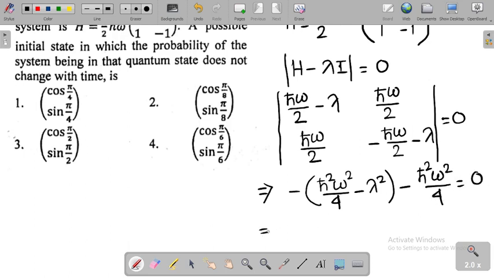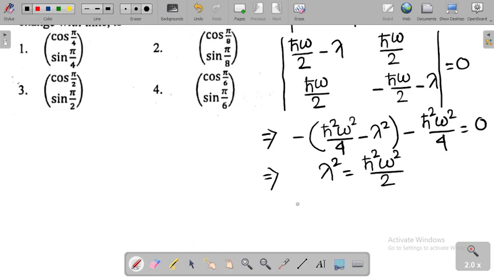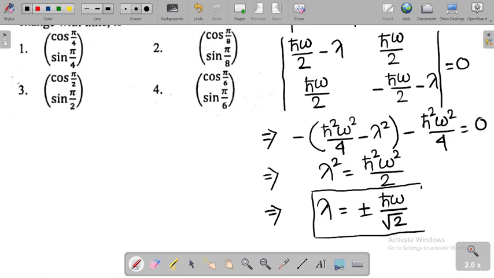So from here lambda square comes out to be h cut square omega square by 2. So your energy eigenvalue becomes lambda equals plus minus h cut omega divided by root 2. These two are the energy eigenvalues.